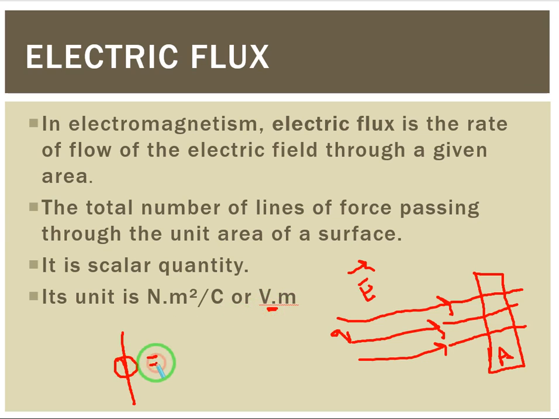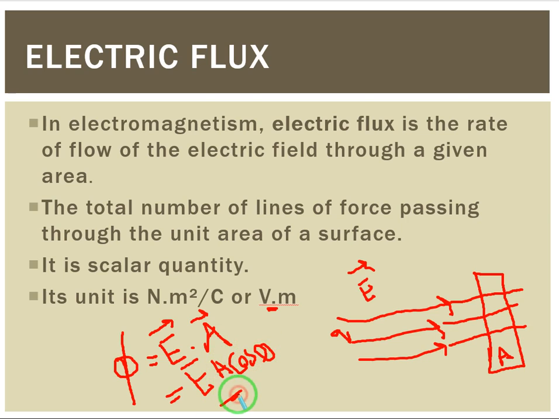Another definition which is simple: the number of electric field lines passing through the unit area. So simply we can say that the dot product of the electric field and the area is called electric flux, and we can also write it as E A cos theta.